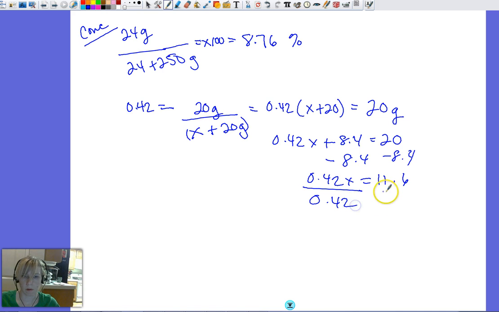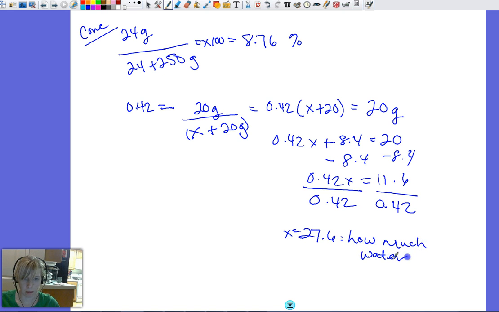Divide by our 0.42, and that gives us an x equaling 27.6. So 27.6 is how much water you would need, and that's in grams.